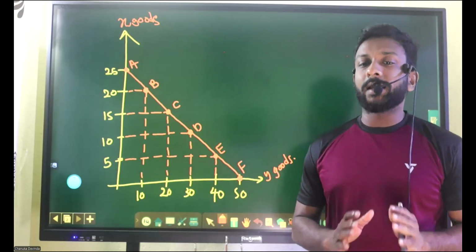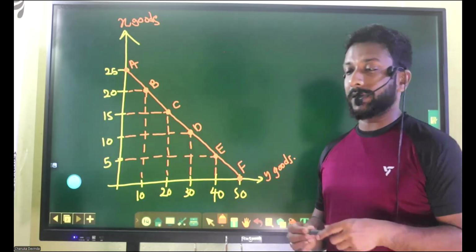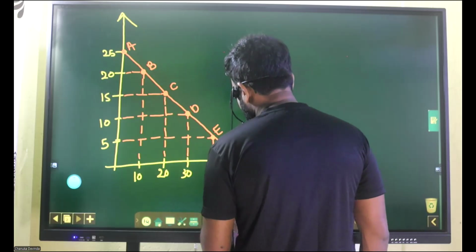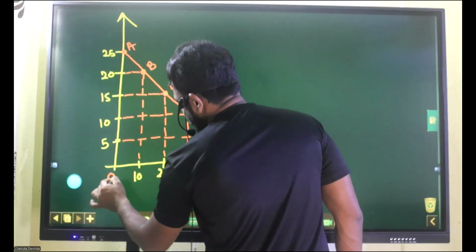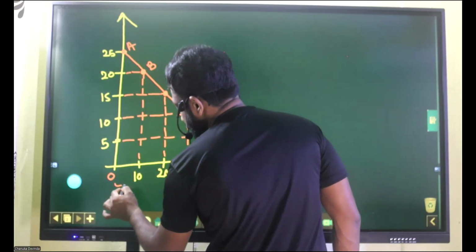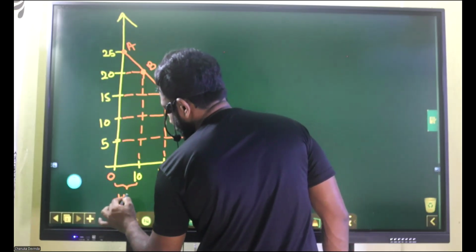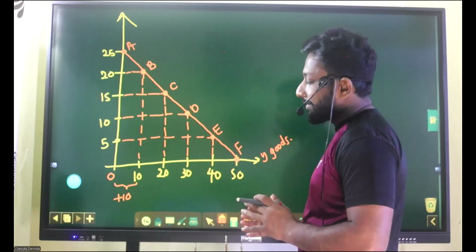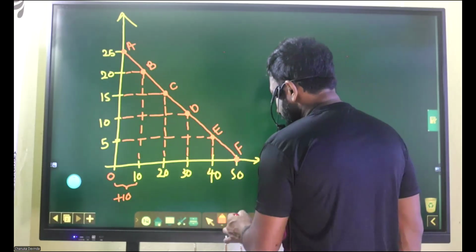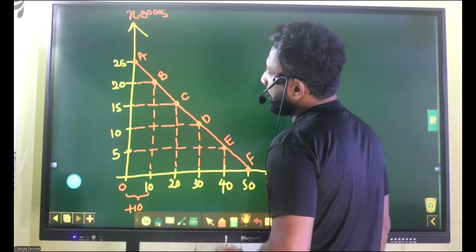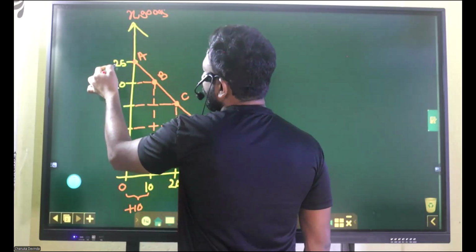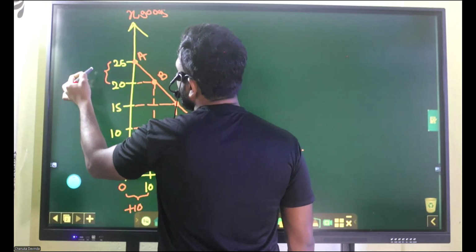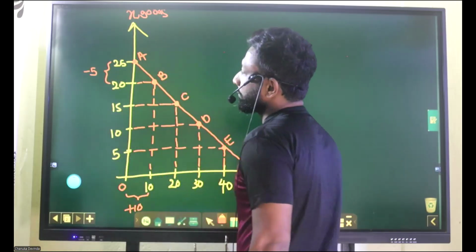If we analyze the production possibility curve again, as we can see here, Y good production was increased by 10 units initially from A to B. Then from A to B, you can see a reduction of X goods production by 5 units, right?